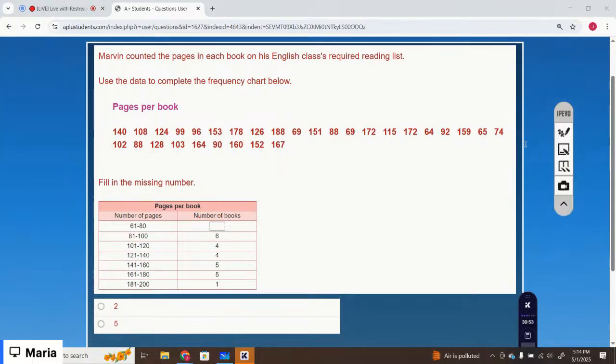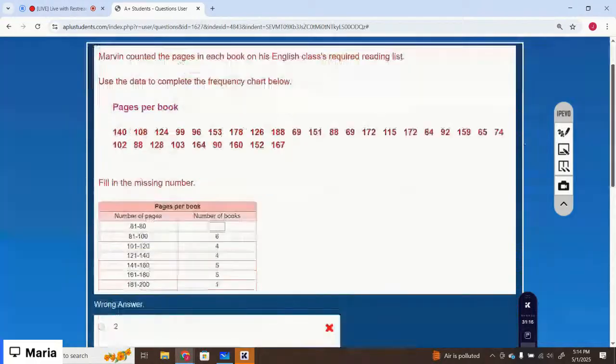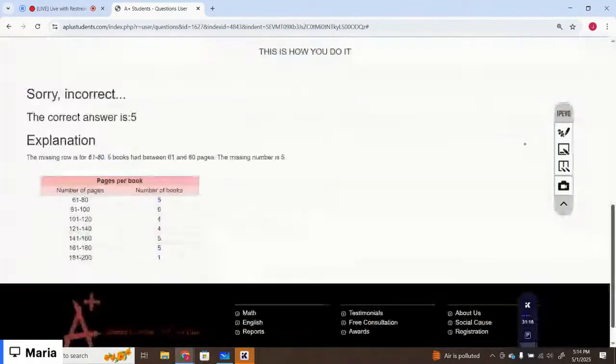Between 61 to 80, right? 1, 2. Only two. Option one is the correct option.